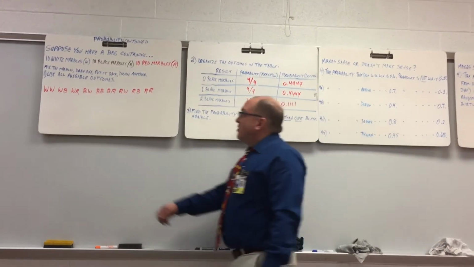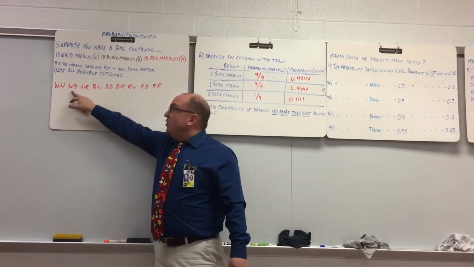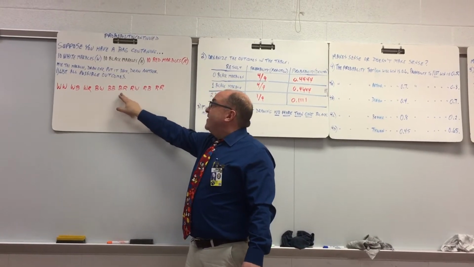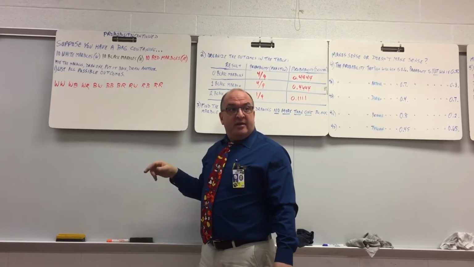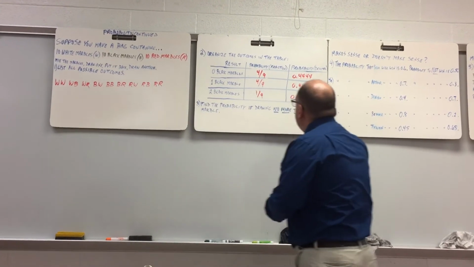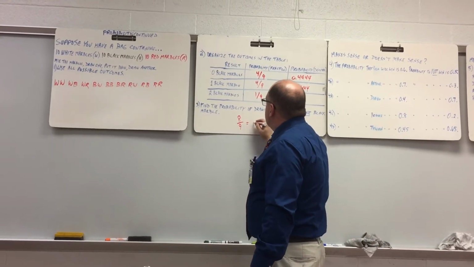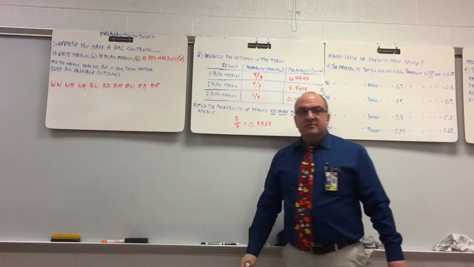So what would that be? This, right? 1, 2, 3, 4, not this, 5, 6, 7, 8. It is 8. 8 out of 9. Probability would be 8 out of 9, or 0.8888. Okay?